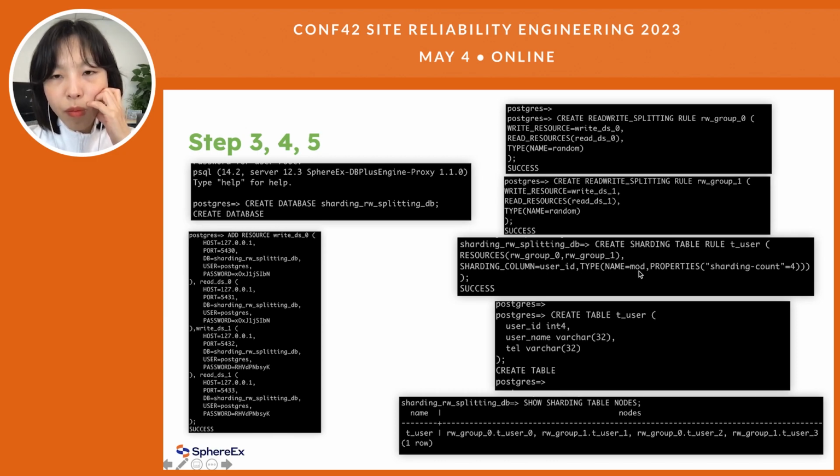And we use the mod sharding algorithm to split this logic table, a single table, into 4 shards, or 4 actual tables. All of the 4 tables will be located in the first PostgreSQL group and the second PostgreSQL group, PostgreSQL cluster.